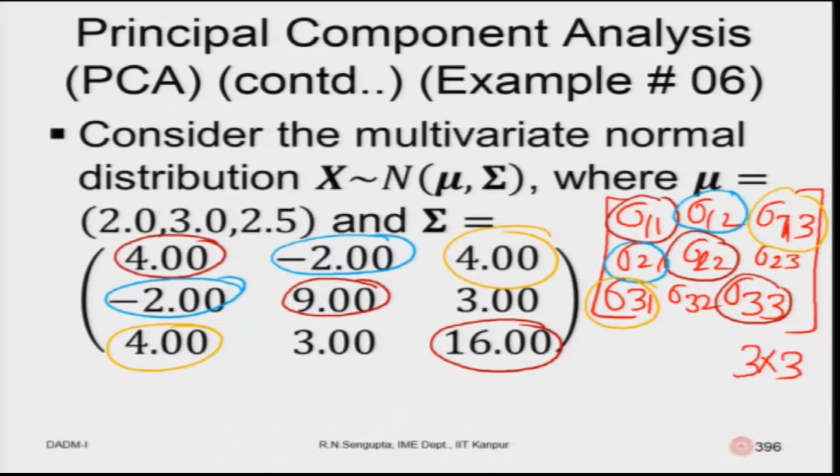The covariance of the first to third, third to first, is basically 4, they are positively related because the negative sign is not there. Second to third, third to second is 3, again they are positively related.